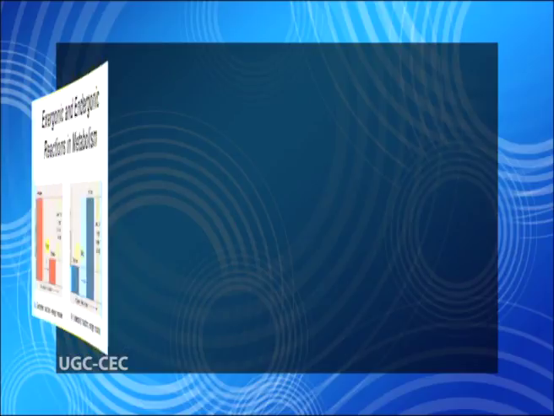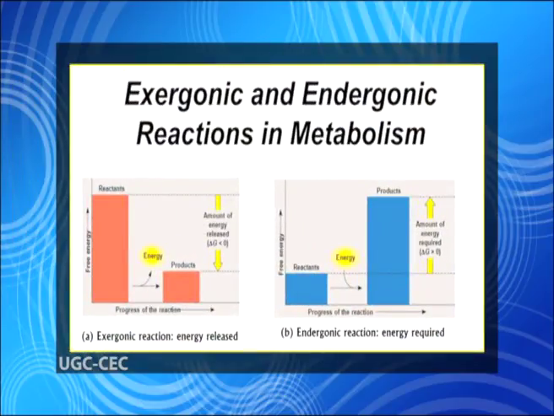Every metabolic process involves utilization of energy and release of energy. The amount of energy which is released or absorbed determines whether the process is exergonic or endergonic. If the energy released exceeds the energy absorbed, the process is called an exergonic process, and the metabolism is called exergonic metabolism.